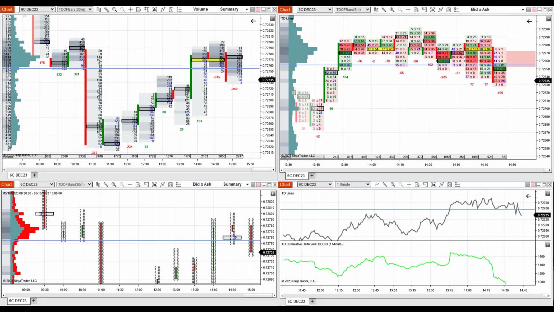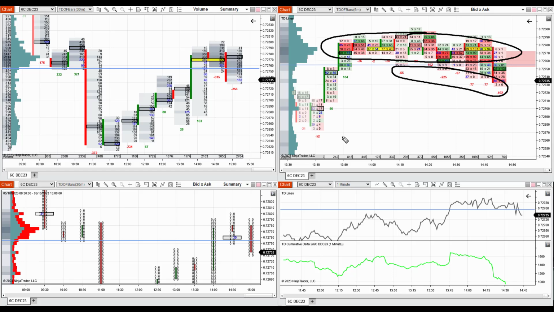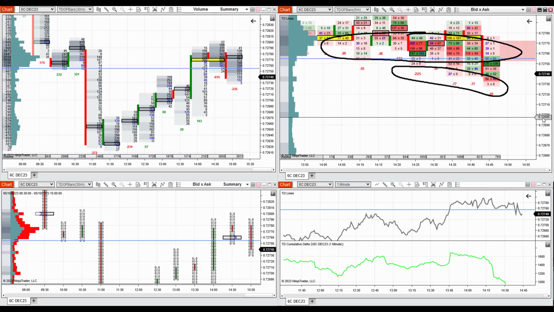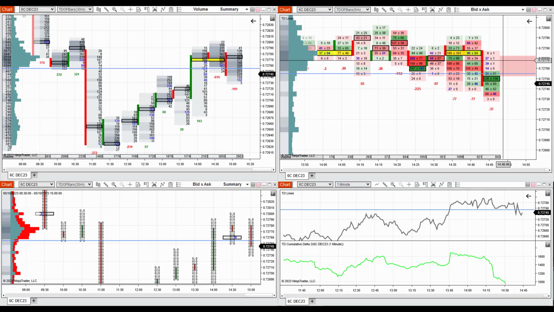Hey guys, it's me again. Just a quick comment. The price is still rotating here. I know that there are negative deltas, but right now that doesn't tell us too much. And what I wanted to say here is that regardless of what's going to happen, right now we can just flip a coin whether the market will go up or down.